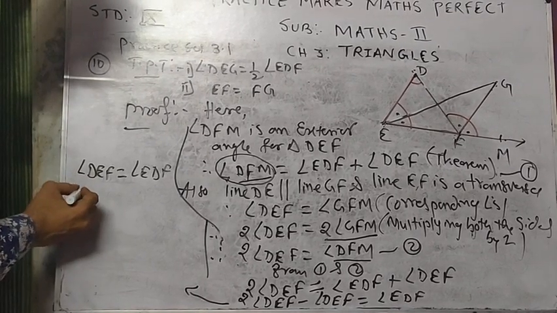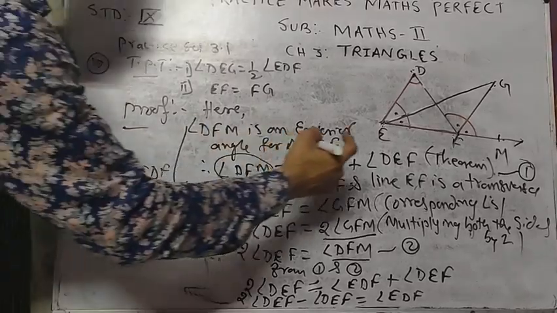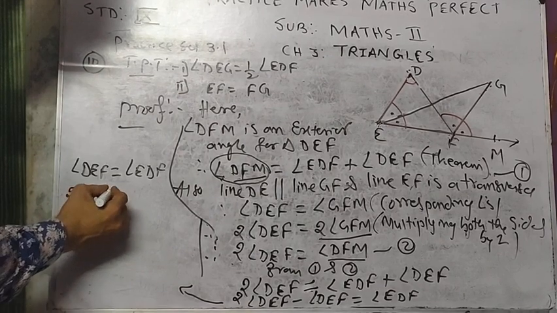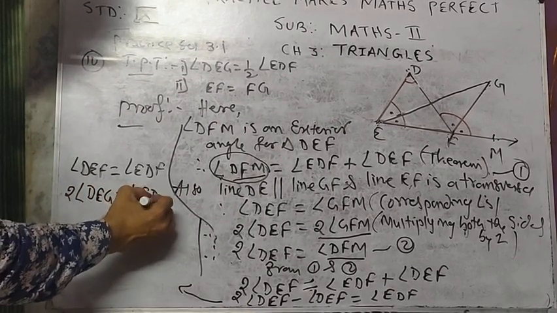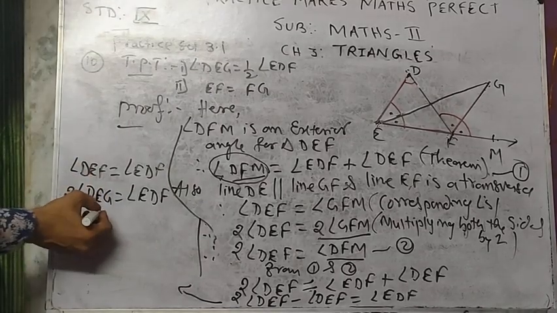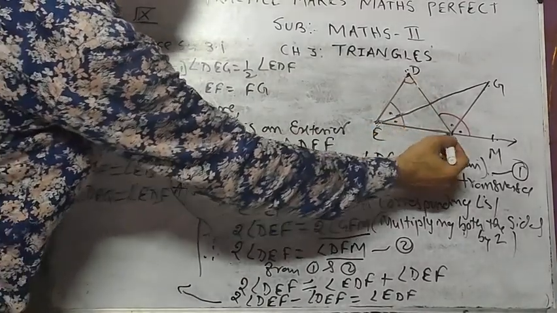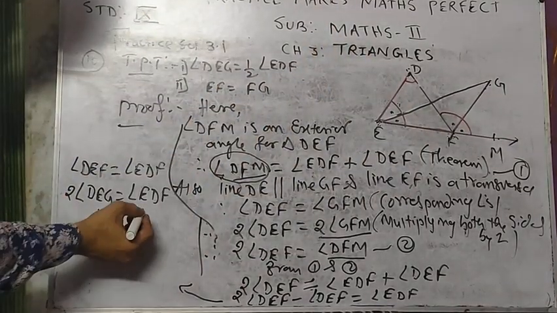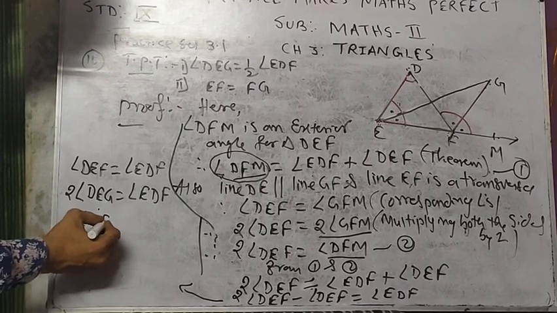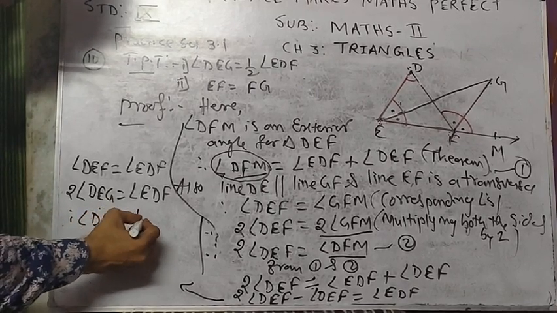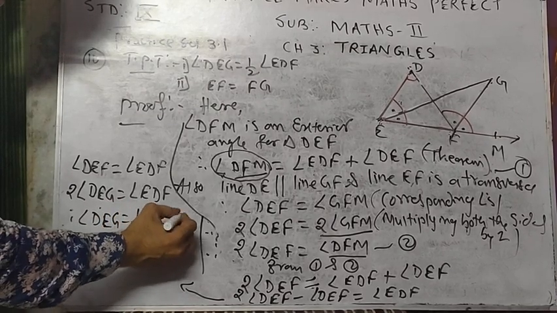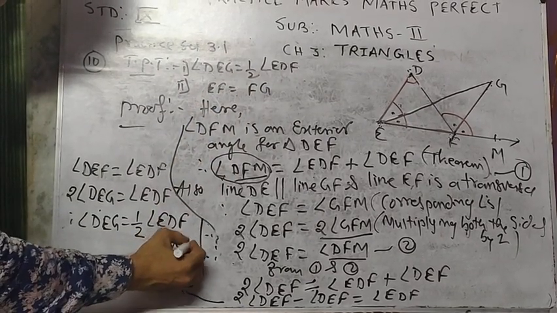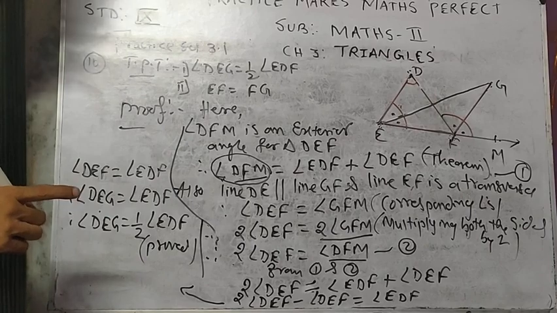DEF means twice angle DEG is equal to angle EDF. This will come here and divide. Therefore angle DEG is equal to half of angle EDF. Proved. One part is proved.